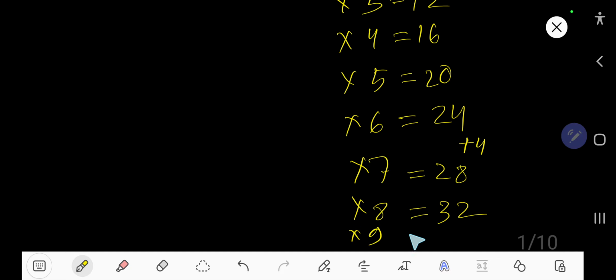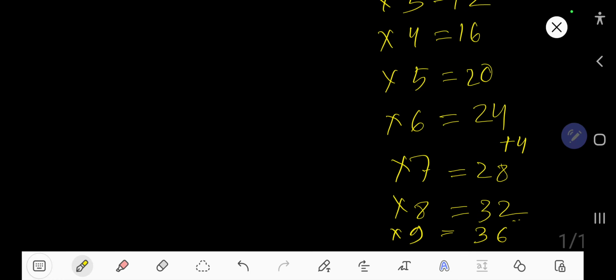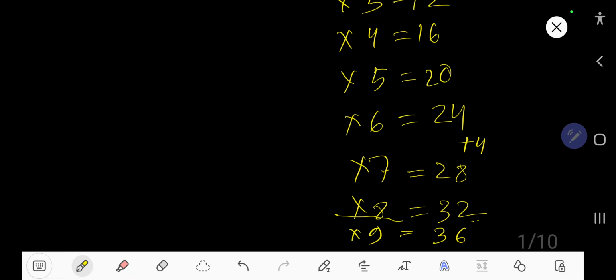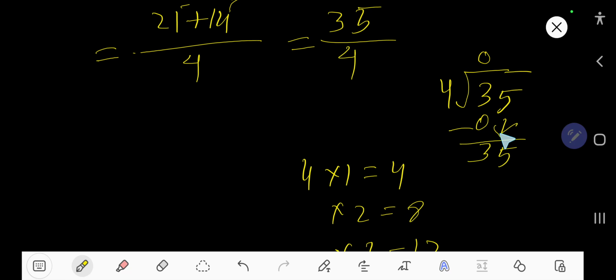If you take 9 here, then what will happen? 32 plus 4, that is 36. 36 is greater than 35, so we need to stop here, right? 4 goes into 35 8 times.